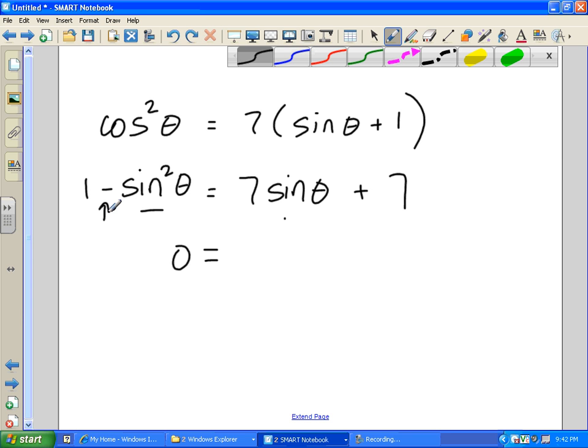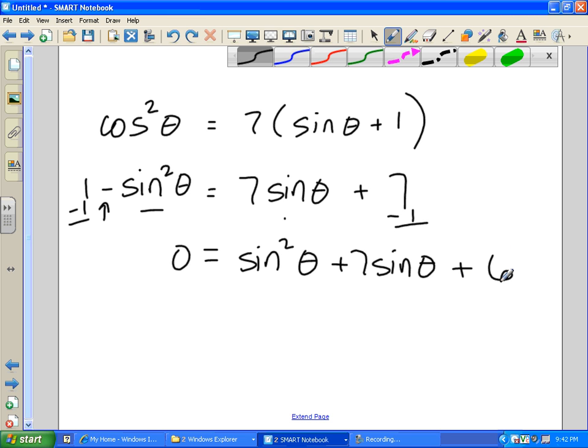So that'll be a nice positive sine squared when we move it over to the right side. So it'll be sine squared theta plus, we'll bring down that 7 sine theta. Now, we also need to take this one over, and so that's going to give me a positive 6. Okay, very, very similar to this last example now.